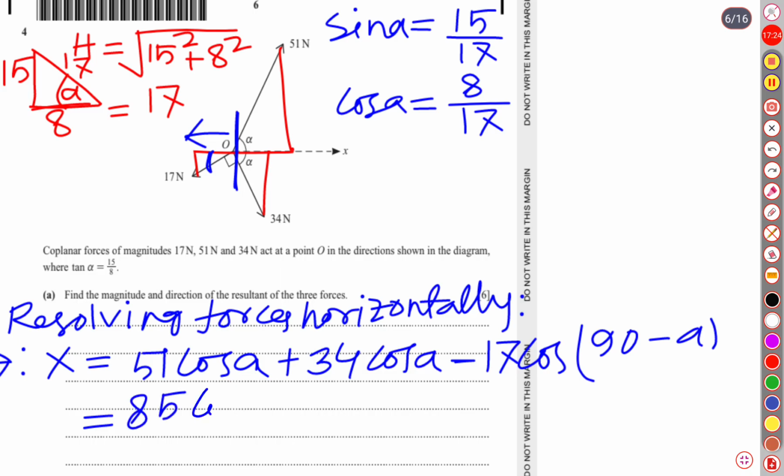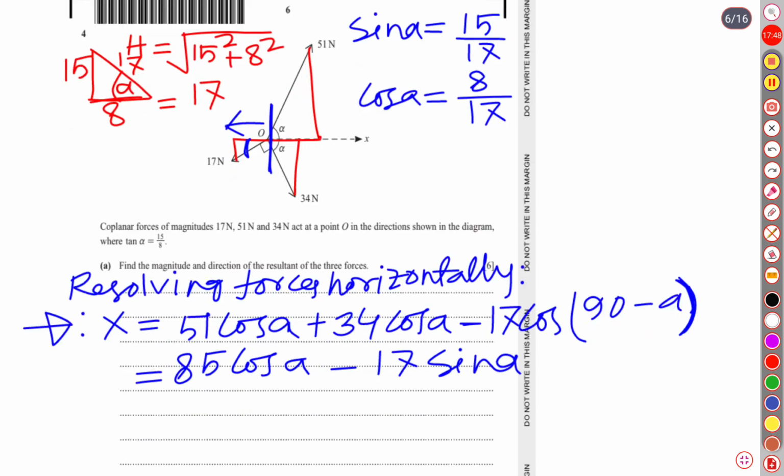So 85 cos alpha minus, now look at this, cos 90 minus alpha is actually sine alpha. This is not a new topic to be learned. We know that cosine 90 minus alpha is sine alpha. So it is going to be 17 sine alpha. Now we can easily apply the values. Let us do so.